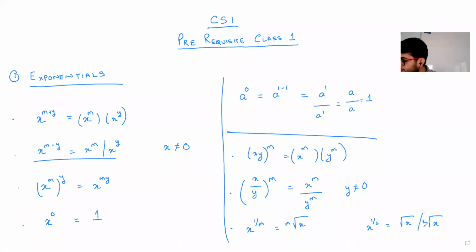You can write a 2 over here, and if you do not write a 2, it simply means square root. Then we could also have the cubic root, the fourth root, and so on. So x to the power 1 by m can be written as the mth root of x.